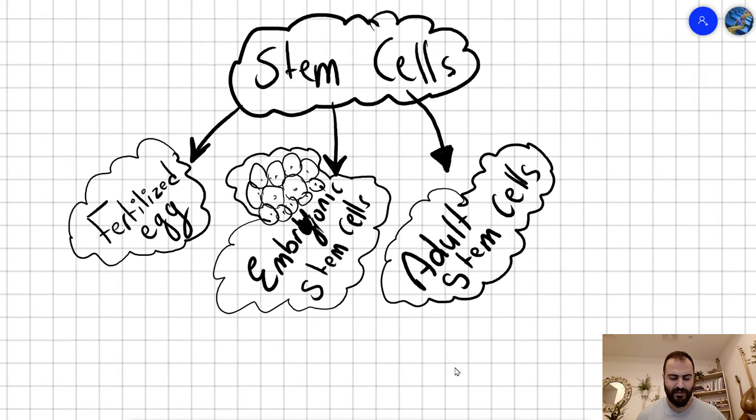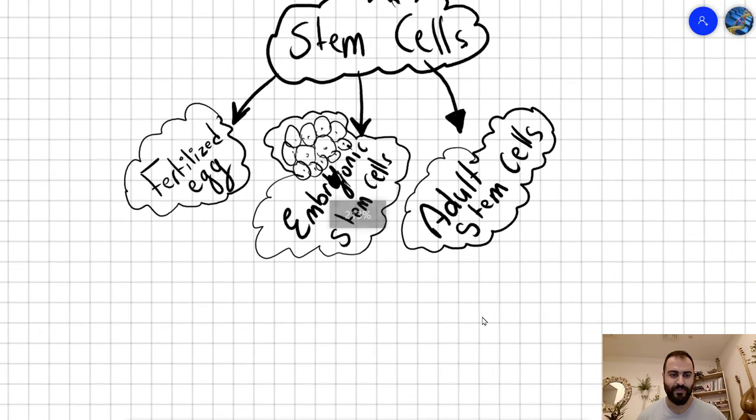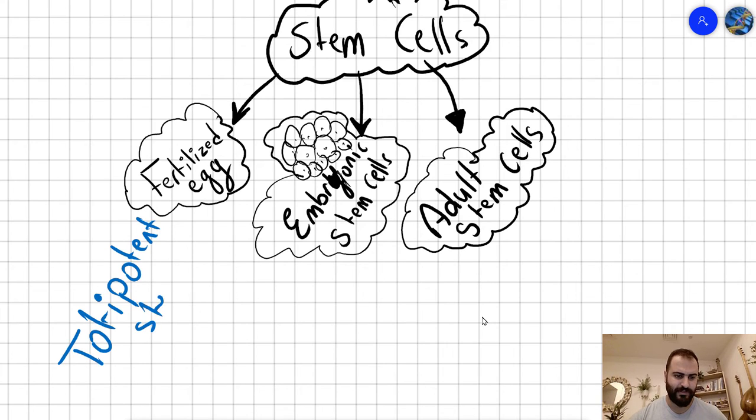Now, embryonic stem cells and adult stem cells and fertilized eggs, they have another scientific term. We call them, for the fertilized egg, totipotent stem cell.